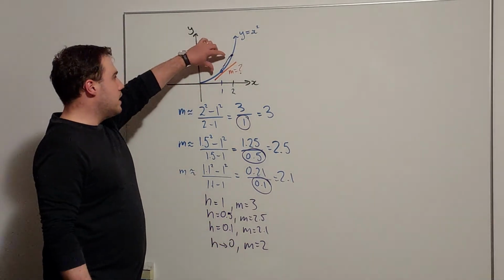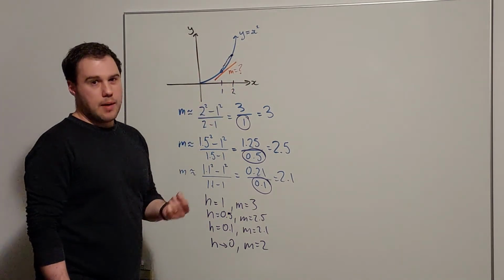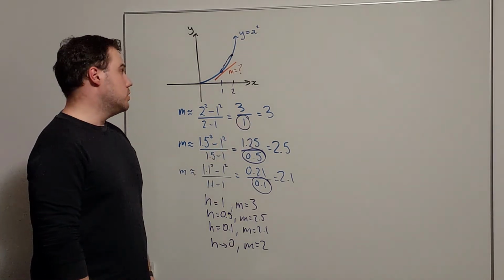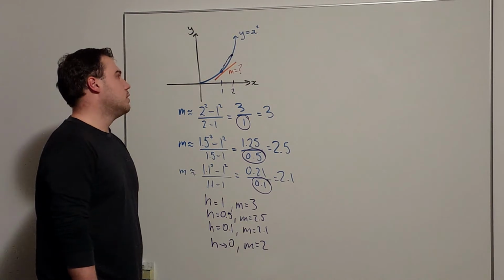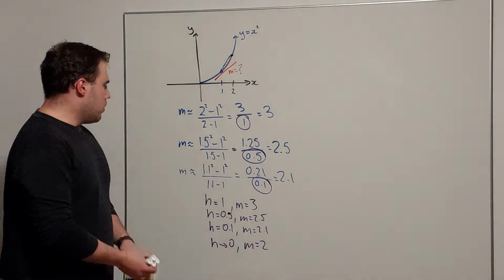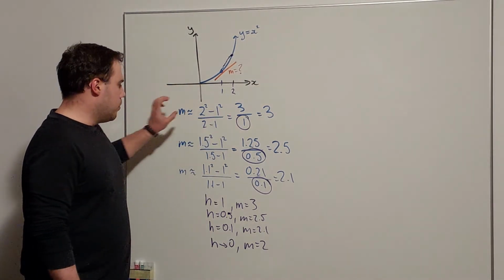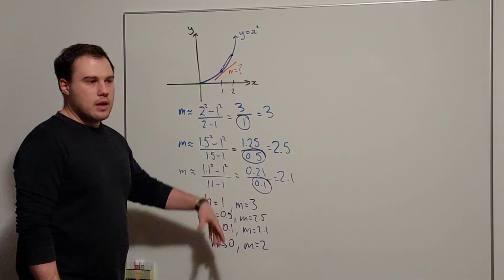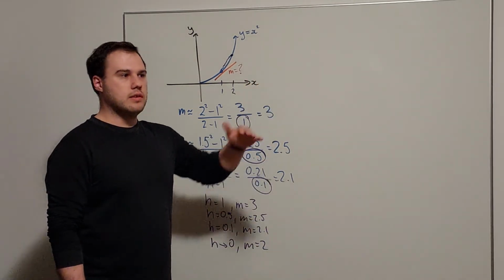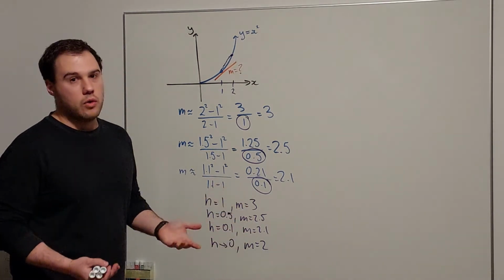So we can use the gradient of these secants, by creating a smaller and smaller gap between the x coordinates that we choose, to approximate the gradient of the tangent at that particular point. Okay, so rather than having to calculate the gradient at one point and then another point, etc., and do a bunch of gradients of secants, and then look at what's happening as we reduce the step size, we can do that all in one go.